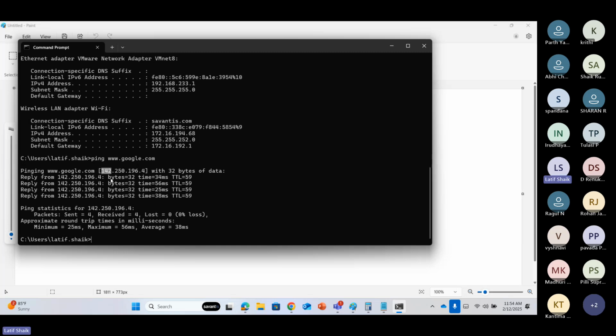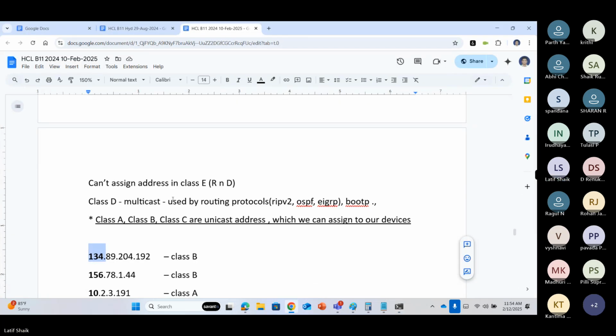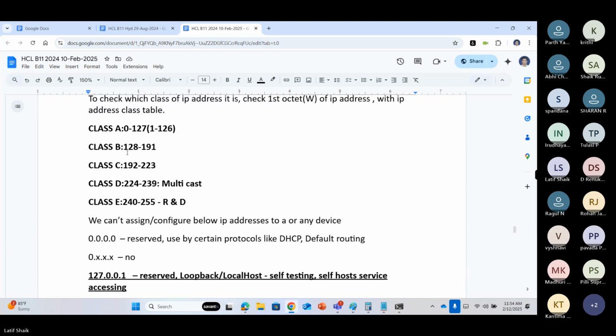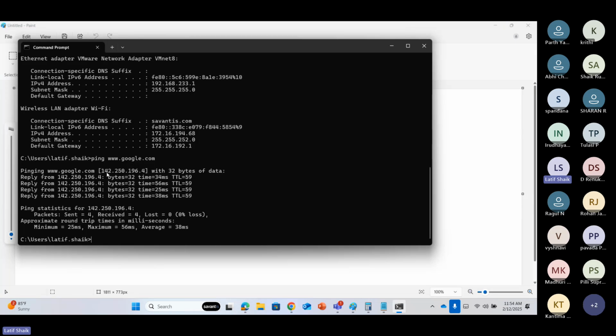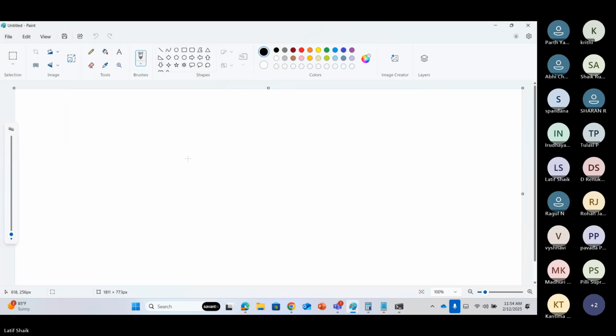It's between 128 to 191. 142, right? It's a class B IP address.